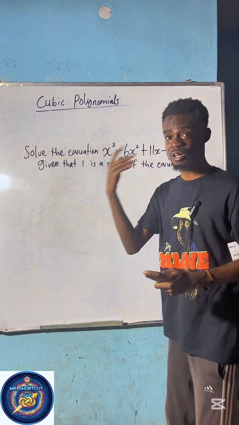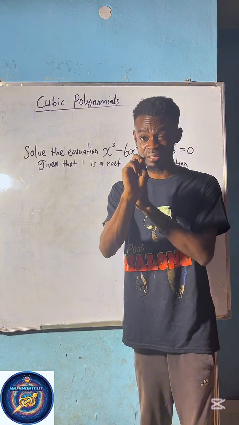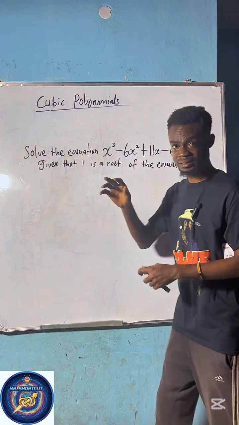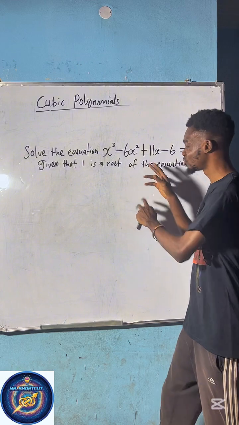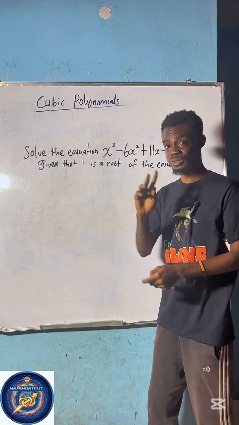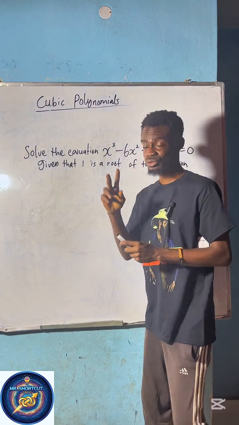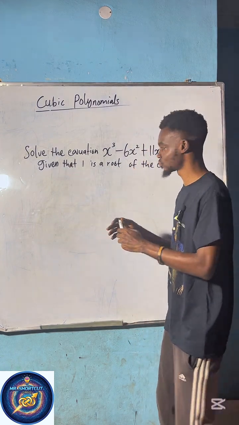Now, let's solve this. Whenever you are asked to solve for a cubic polynomial, they will give you one of the solutions of the polynomial. They are saying that 1 is one of the roots. Remember that this is a cubic polynomial. It has 3 solutions. So they are saying that 1 is one of the roots. So there are 2 remaining roots. Let's solve for the other roots.